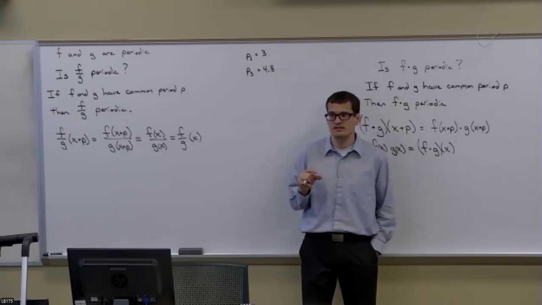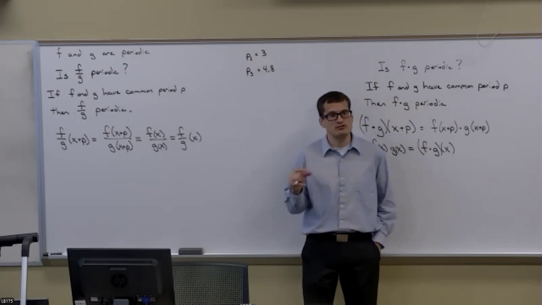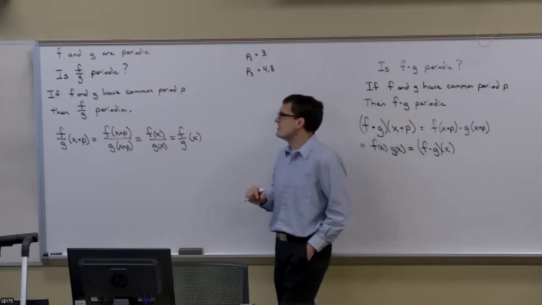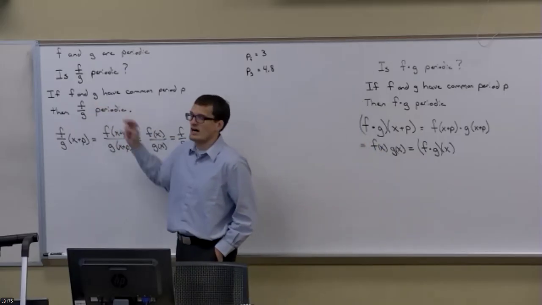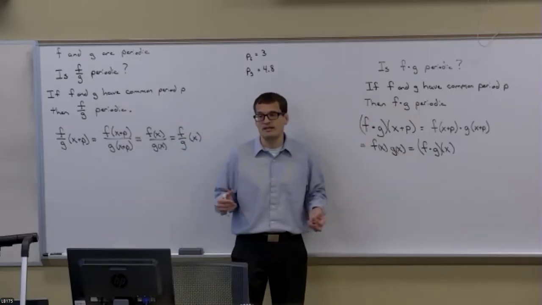Does that make sense? Like the period may be 48, where the individual fundamental periods are not 48 themselves. That's going to work the same when we divide, or when we multiply, or when we do anything else.